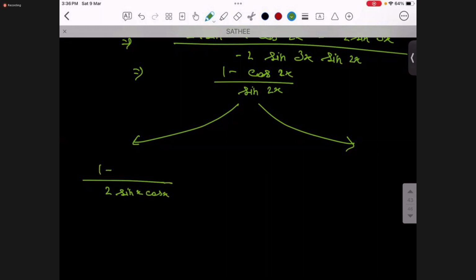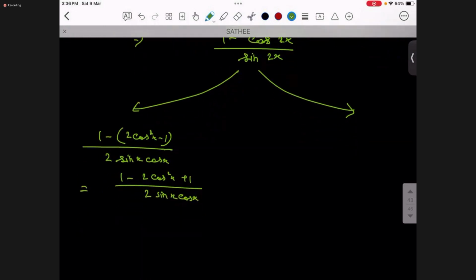So let us apply the formula cos 2x = 2 cos square x minus 1. So what will we obtain from here? 1 minus 2 cos square x plus 1 divided by 2 sin x cos x.